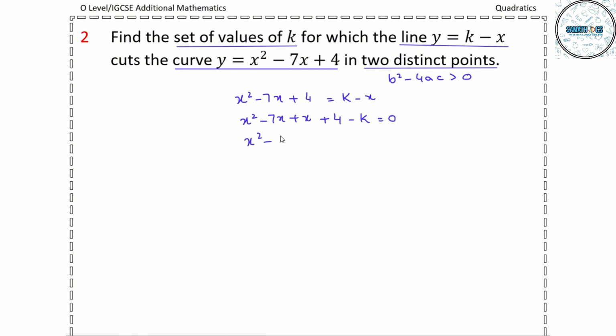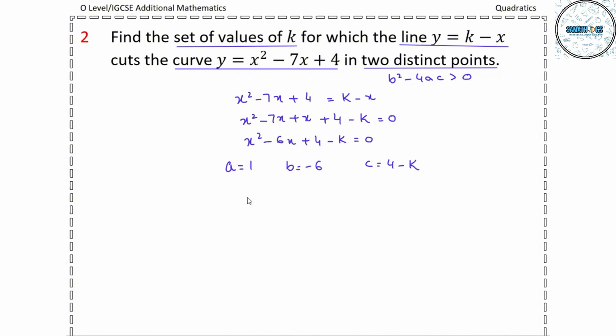X square minus 6x plus 4 minus k is equal to 0. This is the simplified form of the quadratic equation. We will write down the values of a, b, and c. A is 1, b is minus 6, and c is 4 minus k.